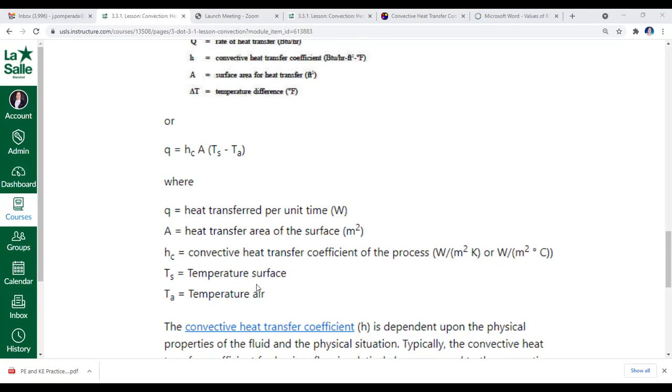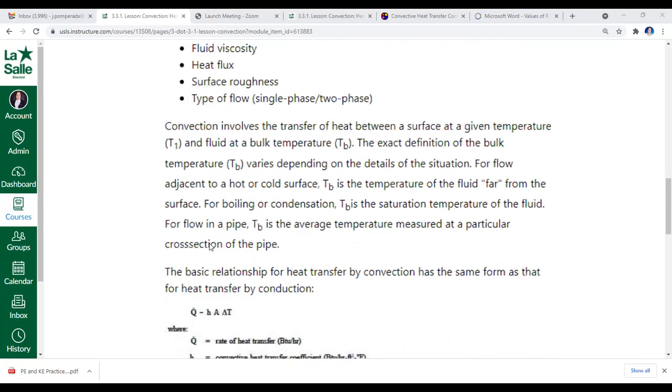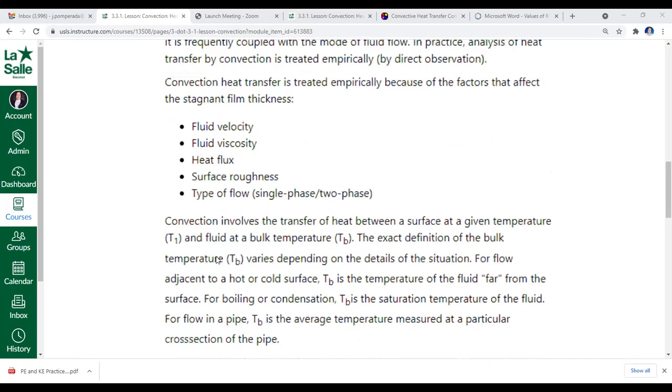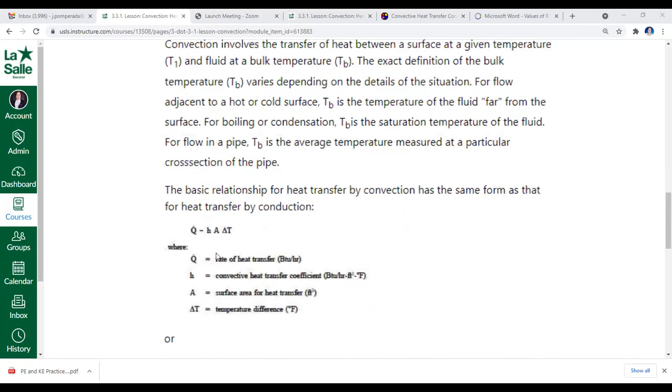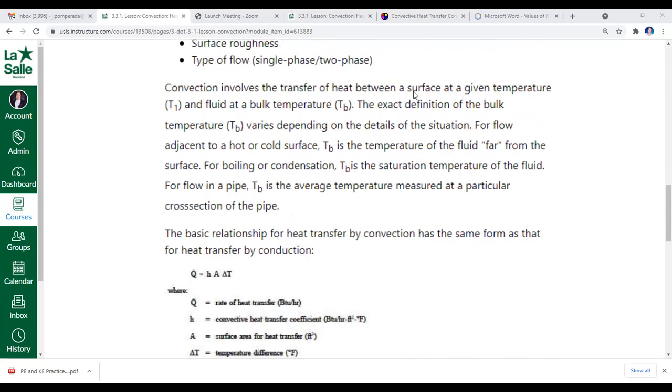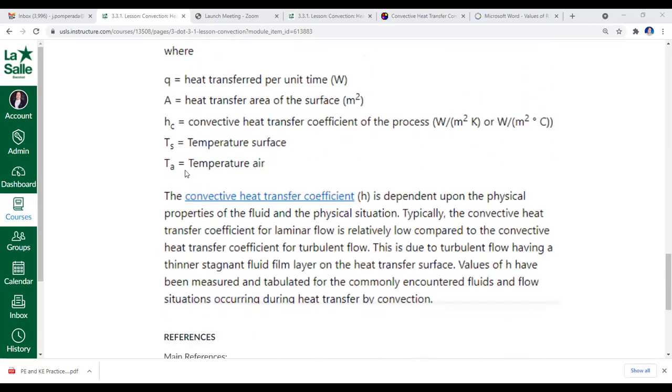The temperature of the surface is T sub S, equivalent to T sub 1 here. Mentioned here, the T sub 1 is the surface temperature, and you have the temperature of the air, in the case of the fluid flowing adjacent to the surface, if it's air. So that would be T sub A, or T sub B if it's not air.